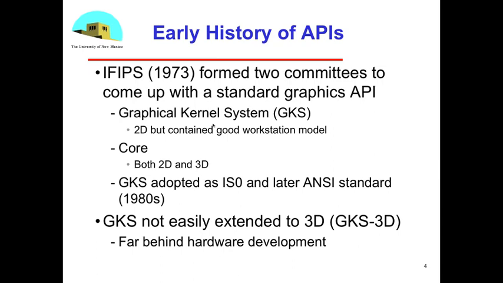There were major differences between these that partly were due to one being 3D and one being 2D, but also because of the nature of the groups. The European standard was a much more academic standard that had been formed by people who had experience with the first real standard, the Algol standard. So they were very academic and very careful, even though they knew that the standard they were coming up with was very limited.